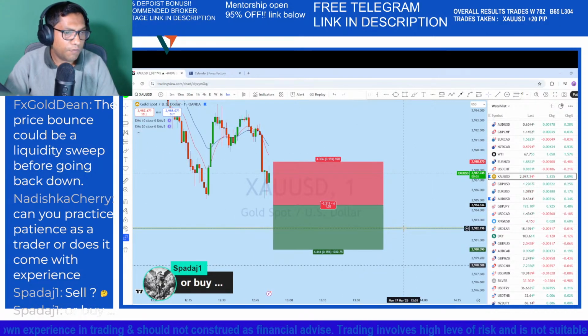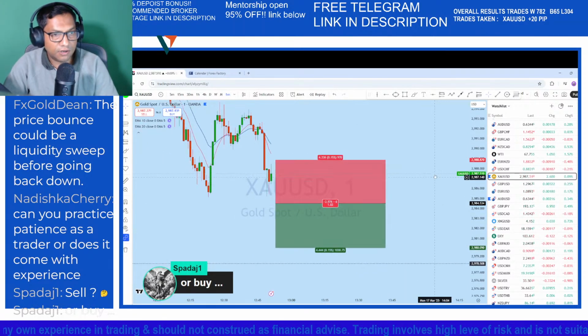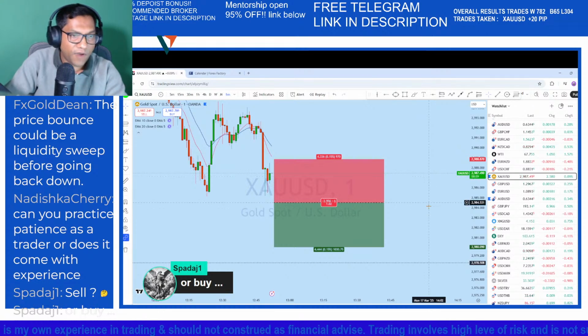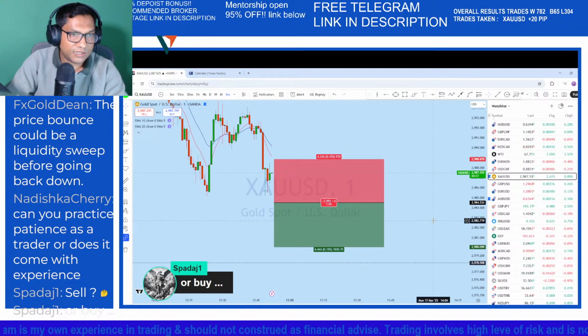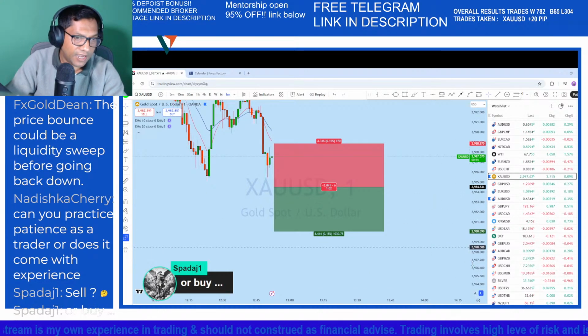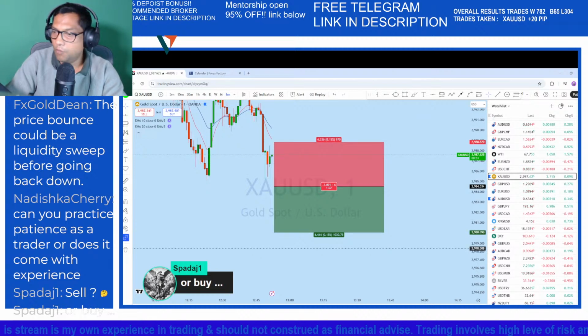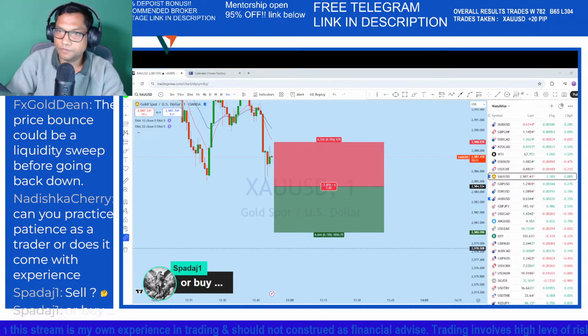This is a sell stop at 2984.53, stop loss 2988.87, TP target at 2980.09.